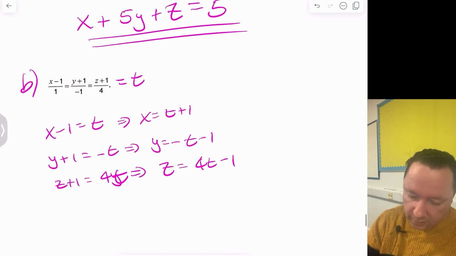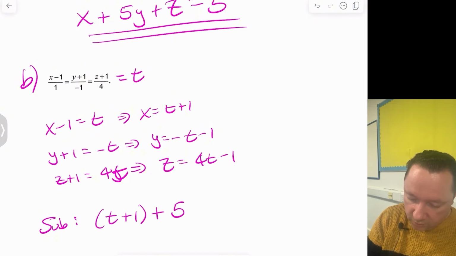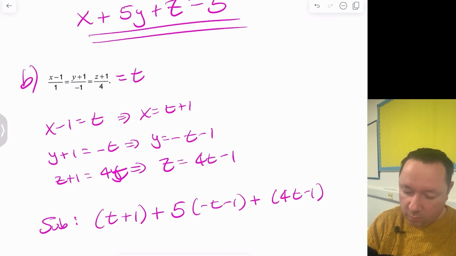That'll be inconsistent. So I've got subbing in, I get x, which is t plus 1, plus 5y, which is minus t minus 1, plus z, which is 4t minus 1, and that's meant to equal 5, but I'm not going to write equals 5. I'm just going to sub in to see the point of intersection. Well, that's meant to equal 5, yeah?